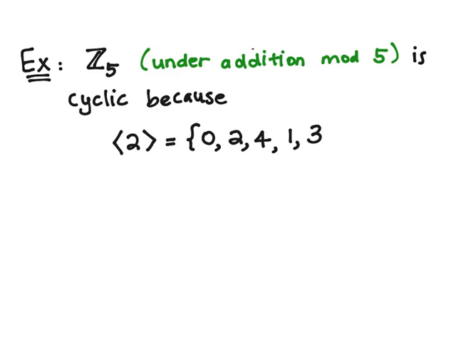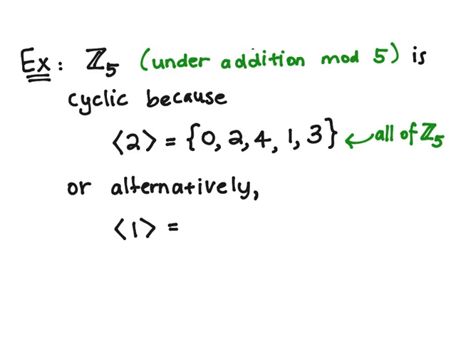If I were to add yet another 2, I'd get back to 0, which I've already included. But at this point, the subgroup generated by 2 contains every element of Z5, so that's enough to show that Z5 is cyclic.